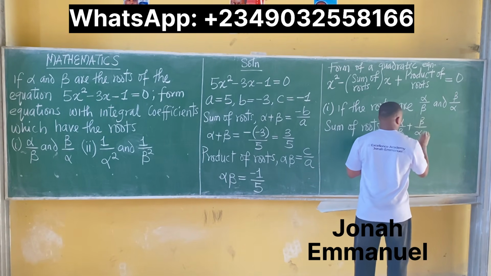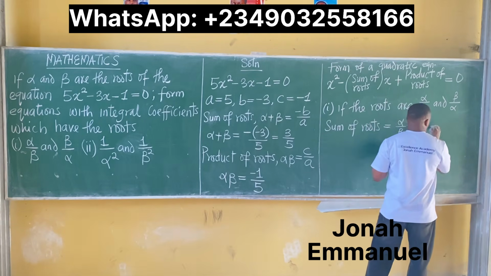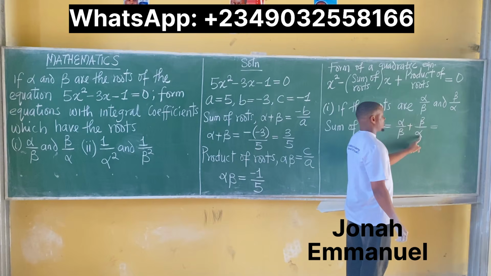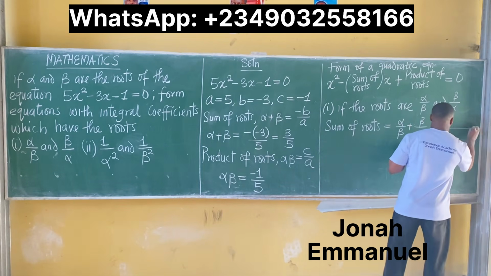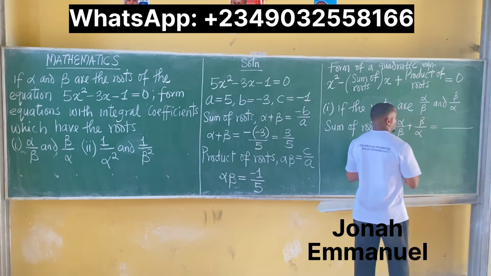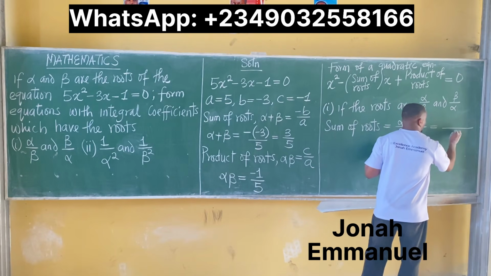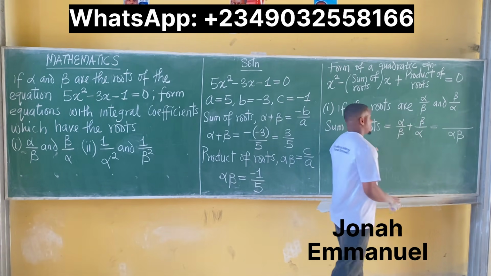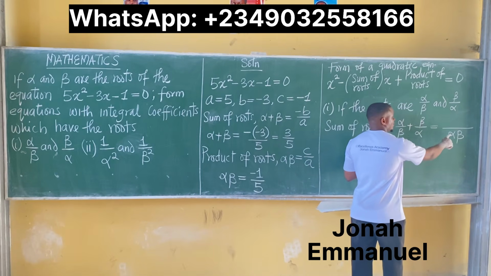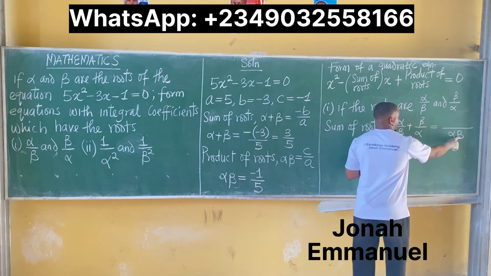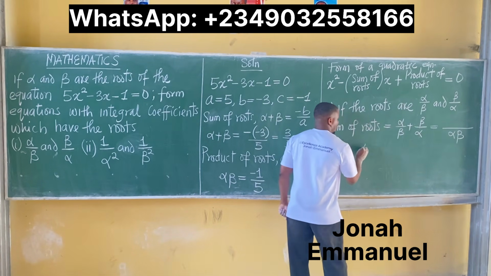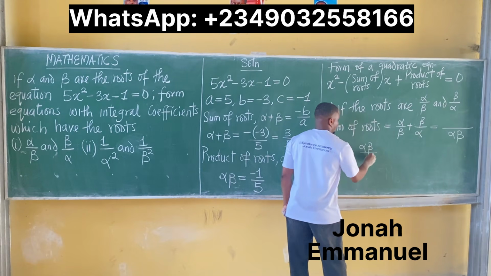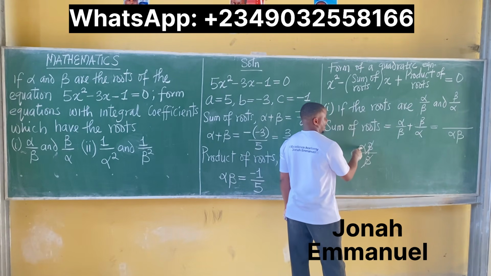To sum these two, the first thing you do is take the LCM. The LCM of beta and alpha, you simply multiply them. That becomes alpha beta. Now for the numerator, alpha beta divided by beta: this cancels beta, which gives alpha.